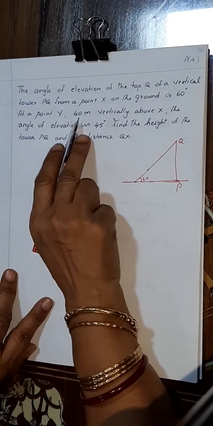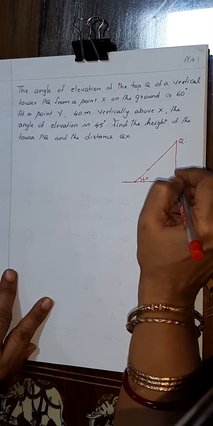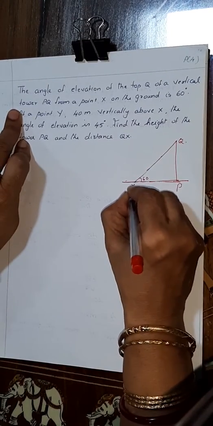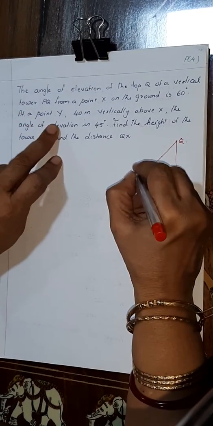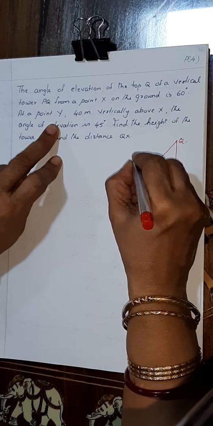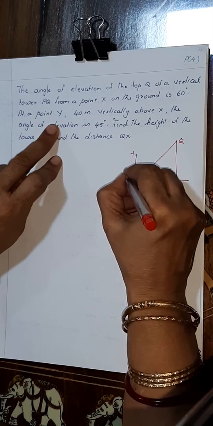So, let this be the tower, and this point is Q, tower PQ. At a point Y, 40 meters vertically above the point X on the ground, this point is Y and this is 40 meters.